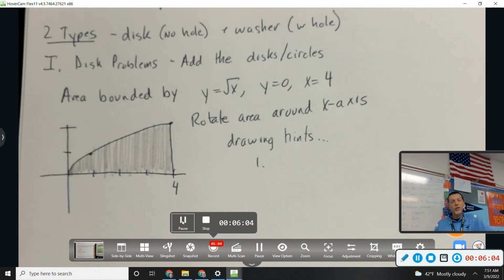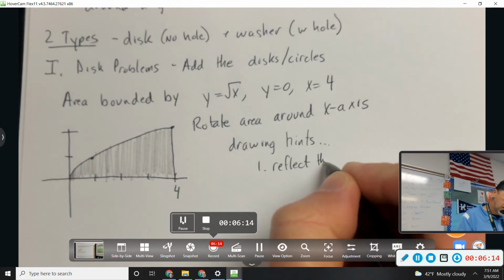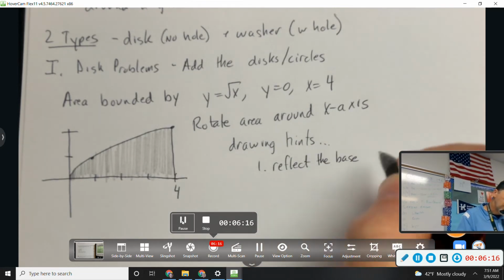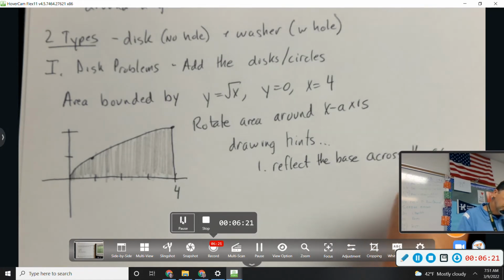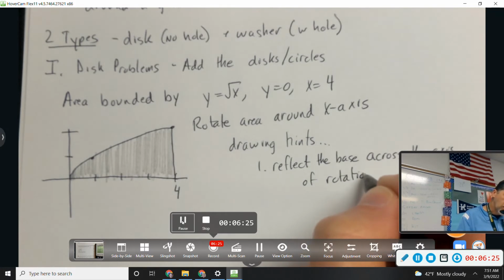If you can draw the area, it helps you understand what you're trying to find. So some drawing hints. First would be reflect the base across the axis of rotation or revolution.